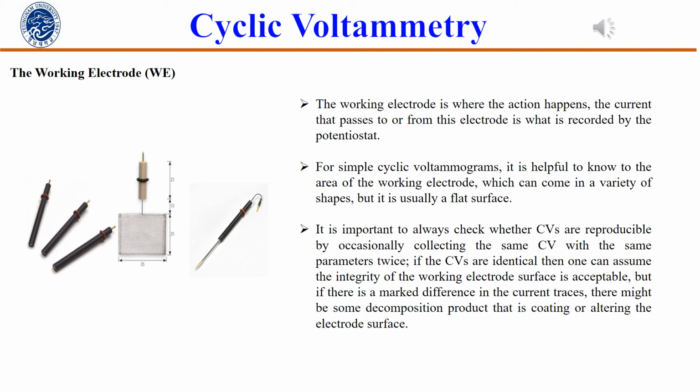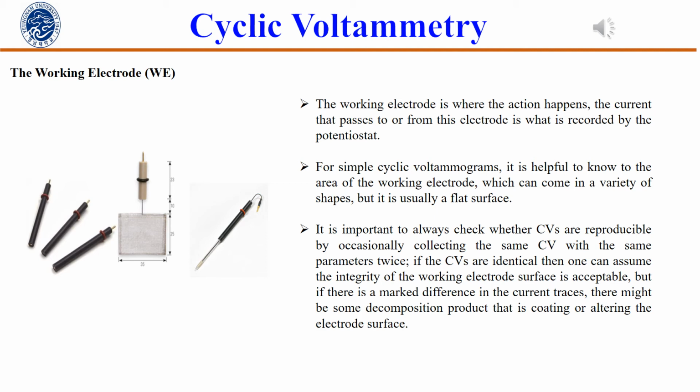In order to make sure that the geometric area of the electrode is close to the true surface area, the surface of this working electrode should be polished, so there are no sharp edges.